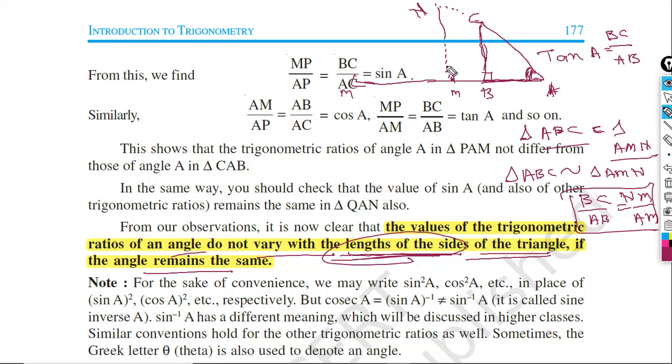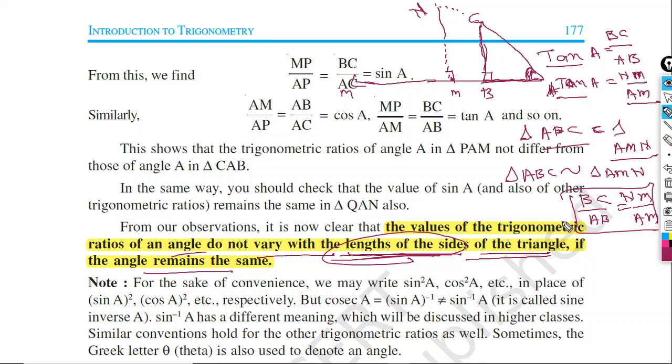Similarly for triangle NMA, tan A will be equal to what? NM divided by AM. Here you see tan A equal to BC by AB and tan A equal to NM by AM.